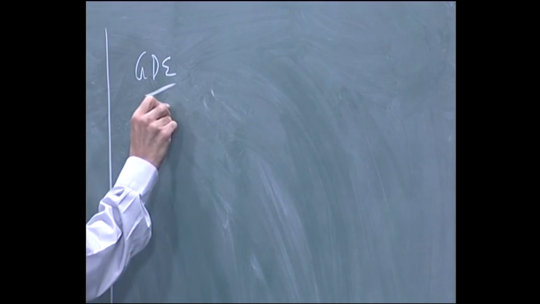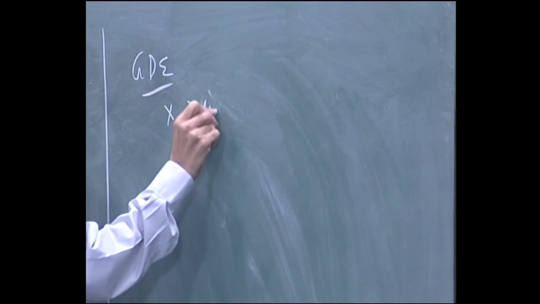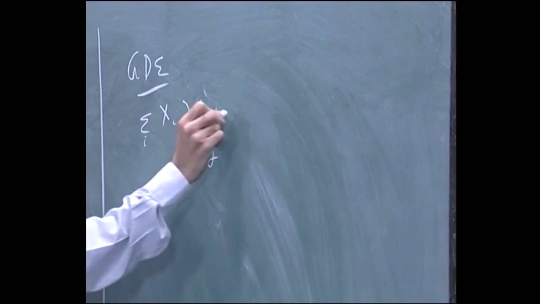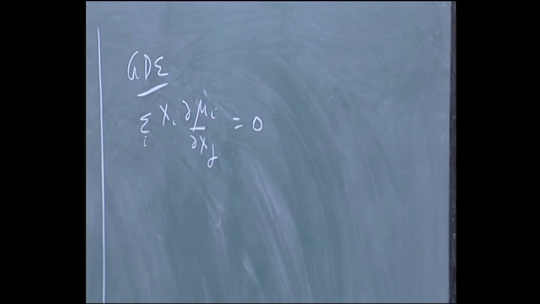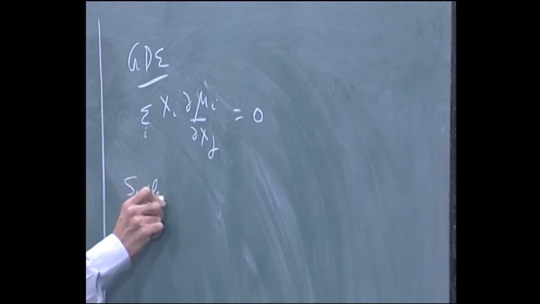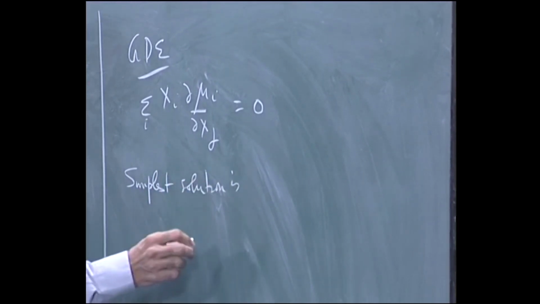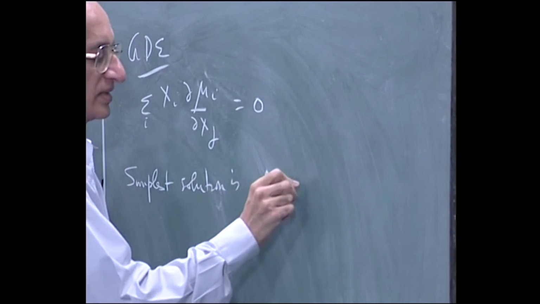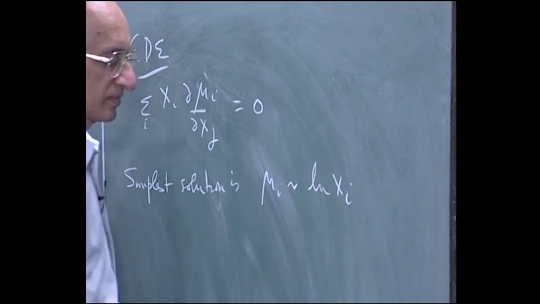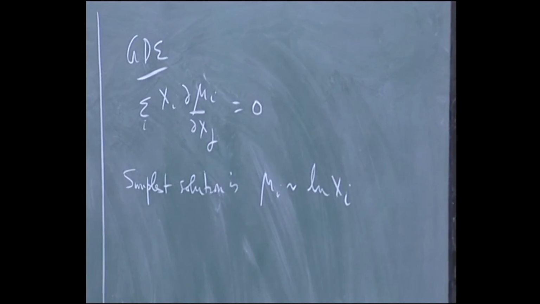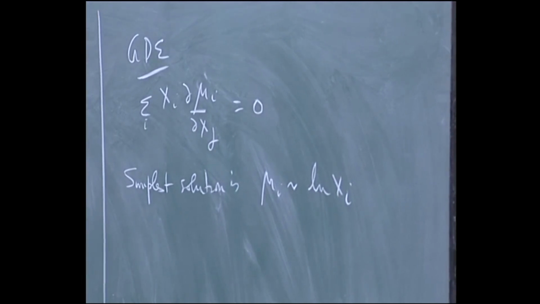We have already seen that this is simply the sum of xi times the partial of μi with respect to xj. We said the simplest solution is μi varying as log xi. I write varying as because the left side is energy per mole, and the right hand side is dimensionless.